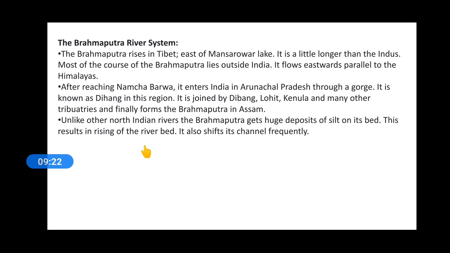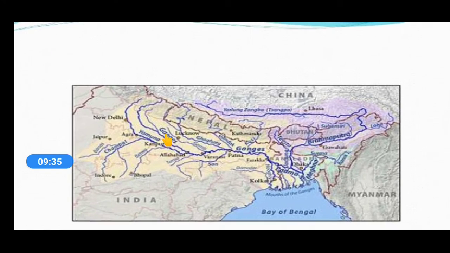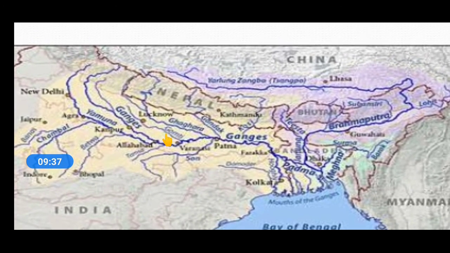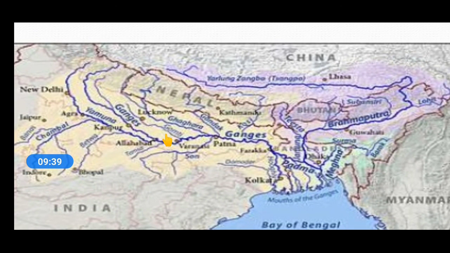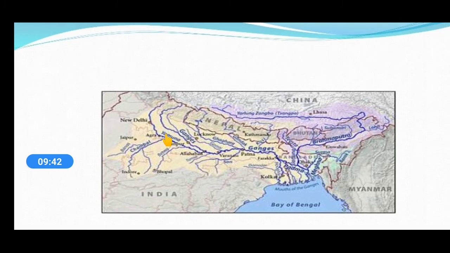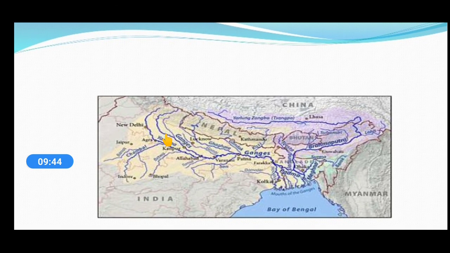This results in the rising of the river bed, and the water of the river rises due to the huge deposit of silt. So here you can see the Brahmaputra river system, and with this we come to an end of today's topic, that is Himalayan rivers: Indus, Ganga and Brahmaputra.